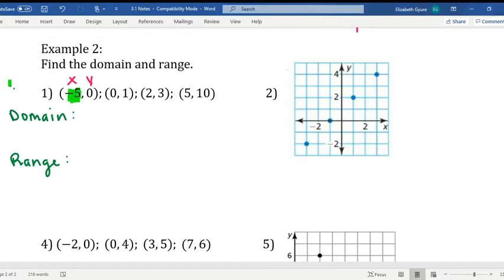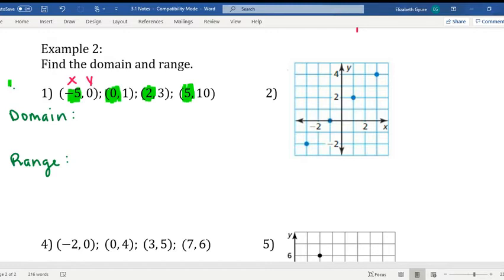So -5 is an x value. Then look at the next set of parentheses: 0 is an x value. Then your next set: what's your x value? 2. Then the next set: what's your x value? 5.